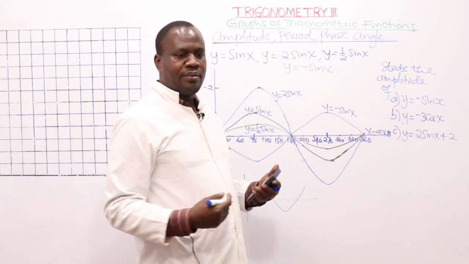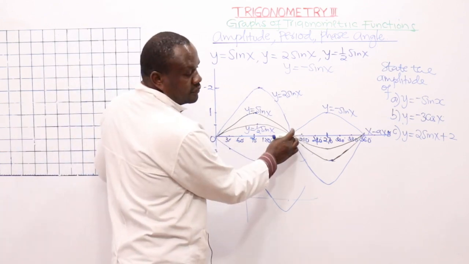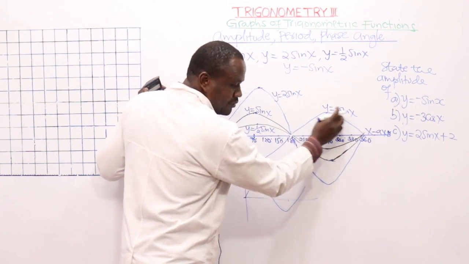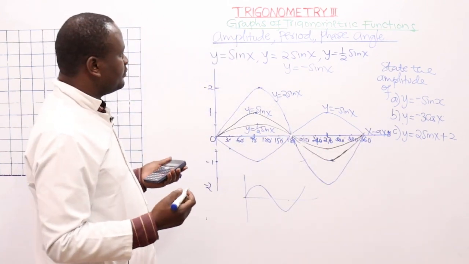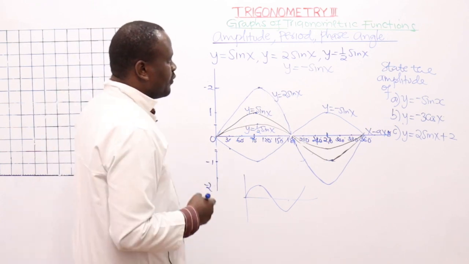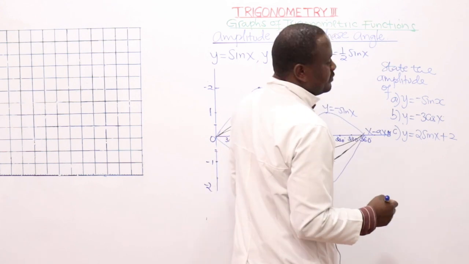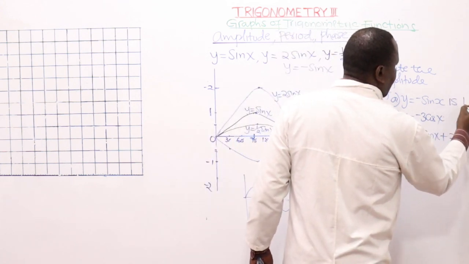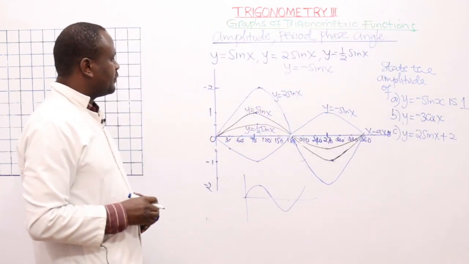Therefore, the values that were positive become negative, and the values that were negative become positive. So the amplitude is still 1. The amplitude for y is equals to negative sine x is still 1, whether it's negative or positive.